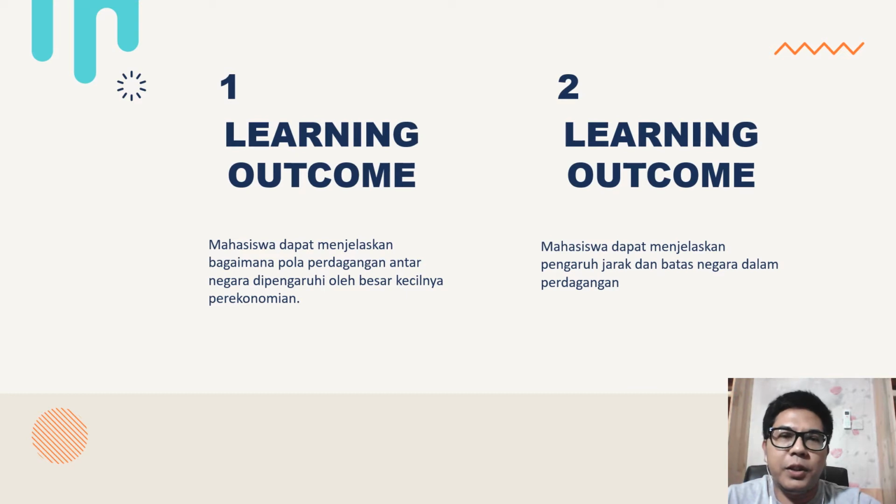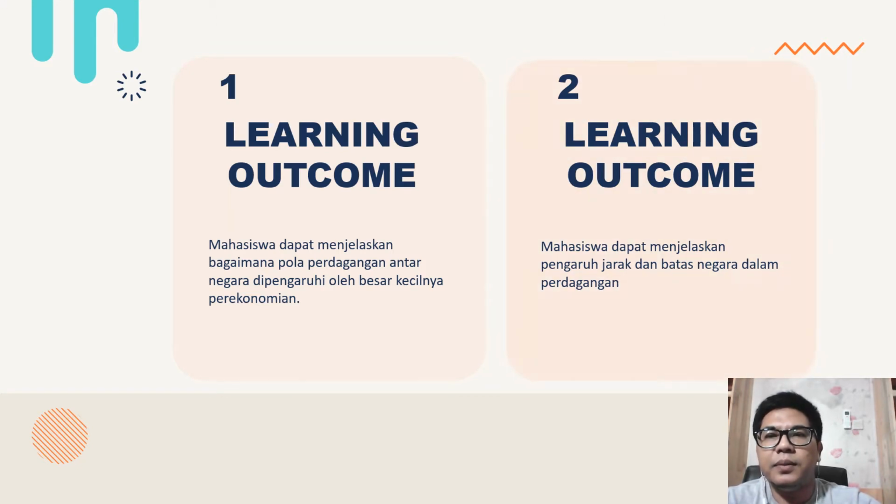As previously mentioned, I will show you the learning outcomes of today's session. There are two learning outcomes that I want to give to the student. Number one, student could explain the role of economic size in determining the value of international trade between two countries.